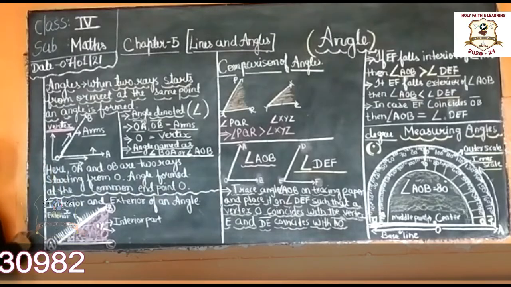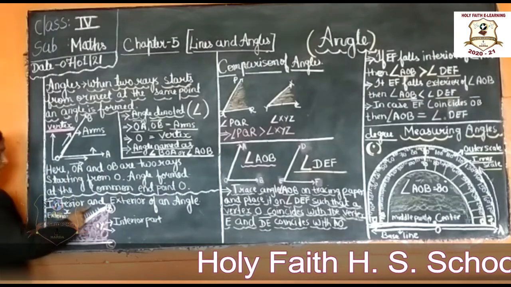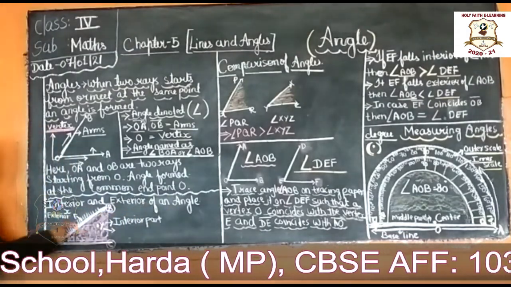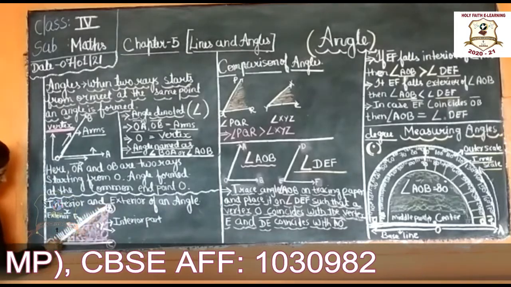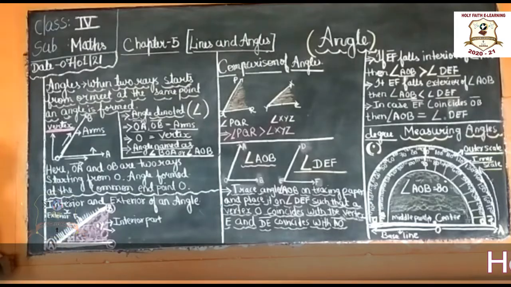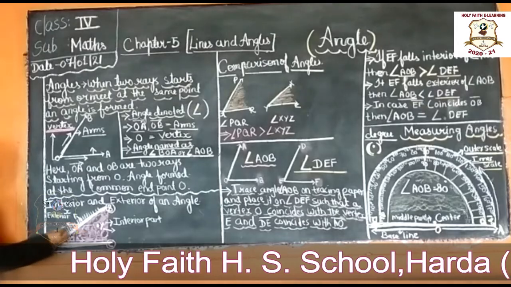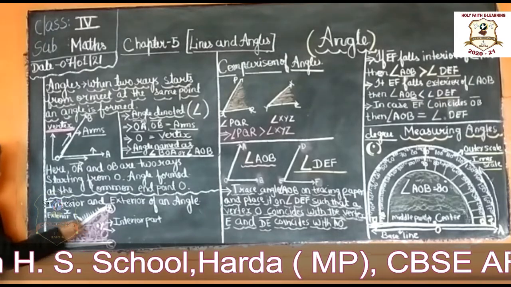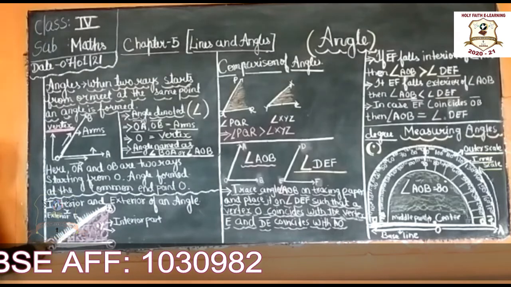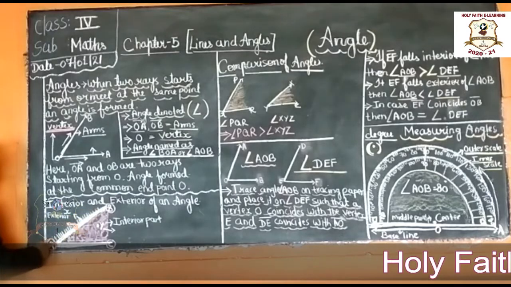Now, we will move to our next topic, interior and exterior of an angle. Here in this figure, this is one angle. This is the part which is called the exterior of the angle.